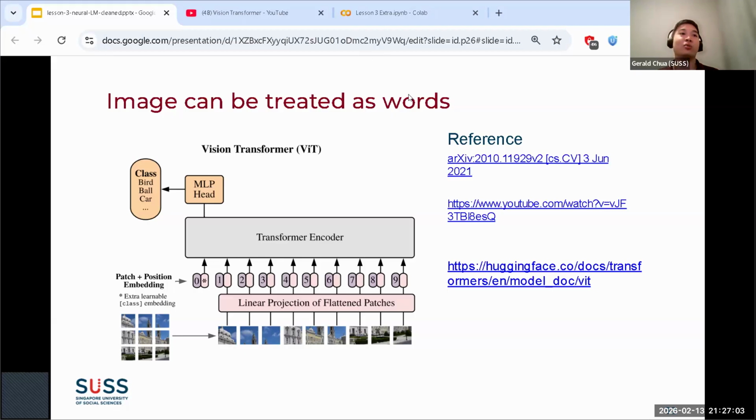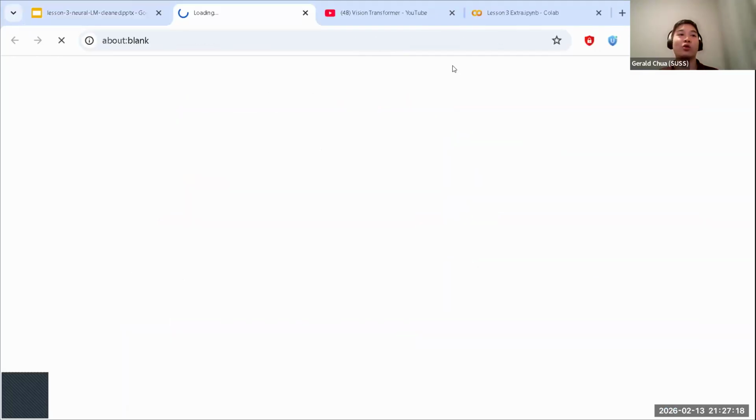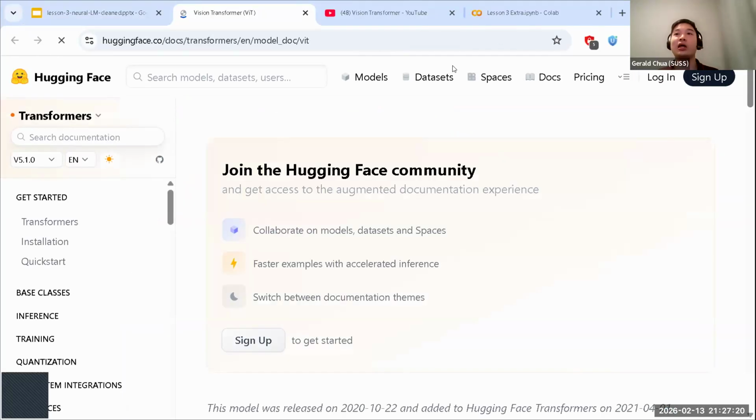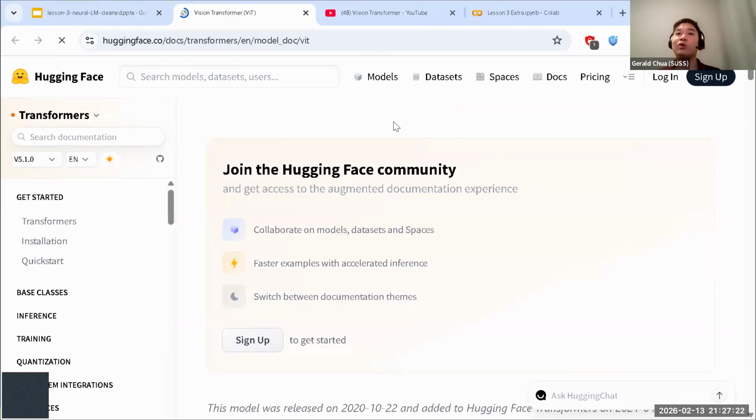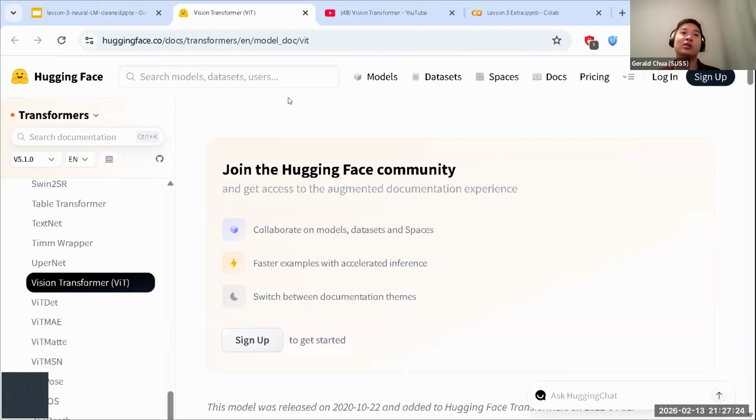So another way, because all of you, if you are in this module for better or for worse, because you have chosen it, I will still explain to you that you can treat all these models like black boxes. But how do you access these models that are already done? If you're going onwards to become somebody that analyzes data, the first and easiest step for you to do, whether it's to write on your resume or to show that you're experienced with models, is to go to the Hugging Face website lah.